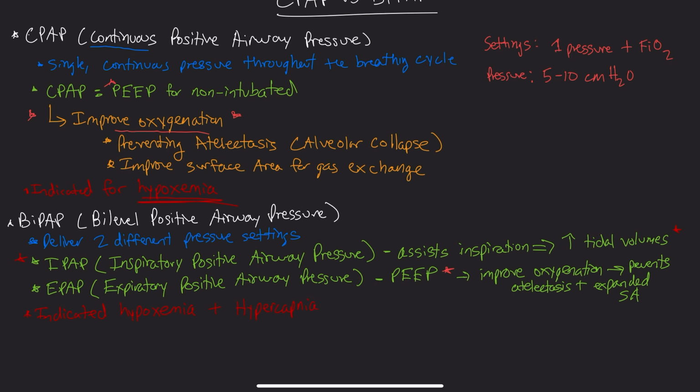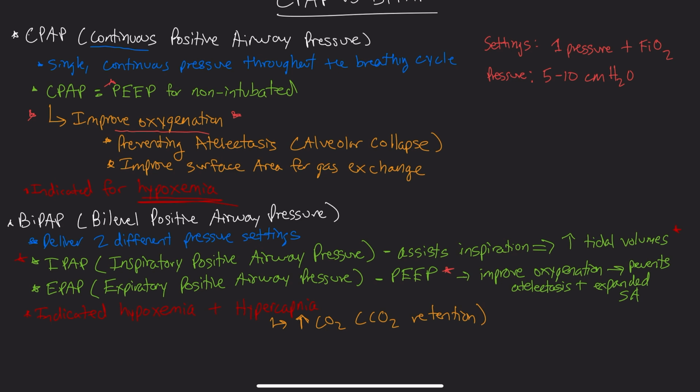And remember, hypercapnia just refers to elevated CO2. So someone with CO2 retention, whether this is from a traumatic brain injury, drug overdose, respiratory failure, whatever it may be, basically they're not removing enough CO2, so they might not be taking enough breaths, or they might not be taking large enough breaths.